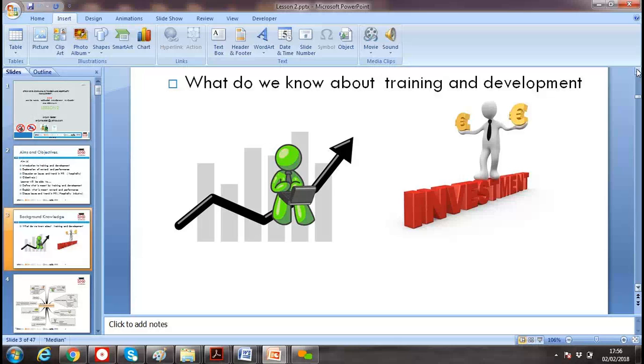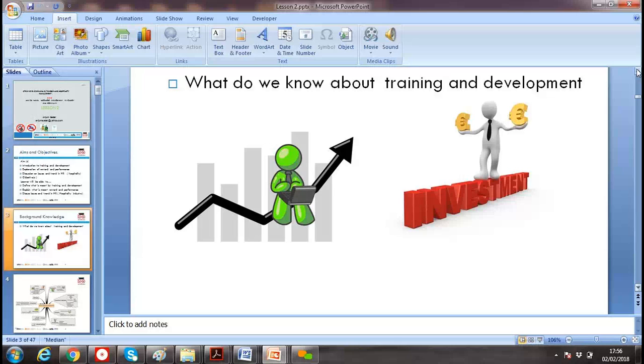So training is so that people do their day-to-day routine jobs effectively and efficiently, and they know how to do it. Development is long term, where people can develop themselves if the organization is growing. Like doing an extra management course even if you are a machinist.